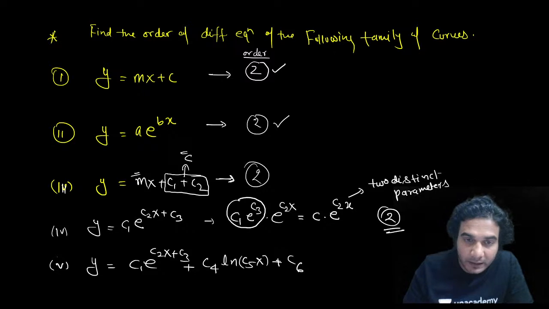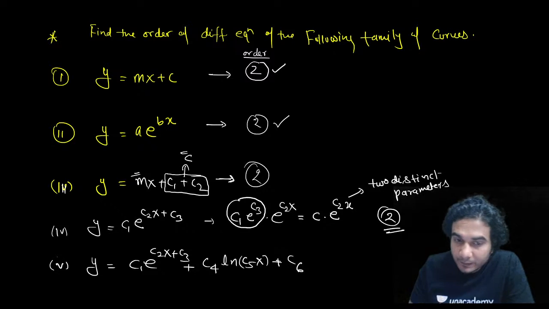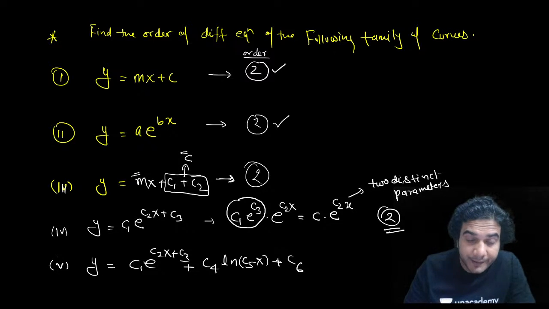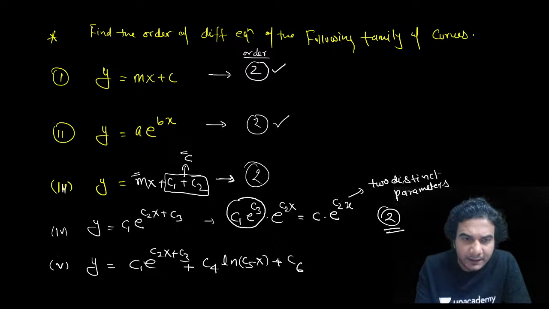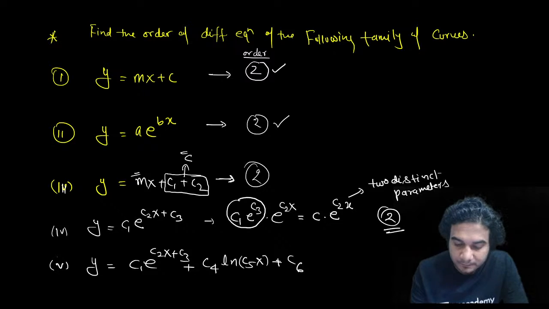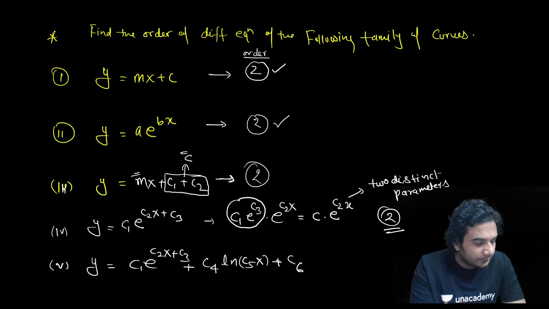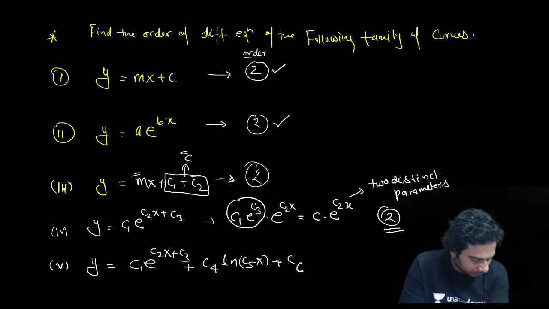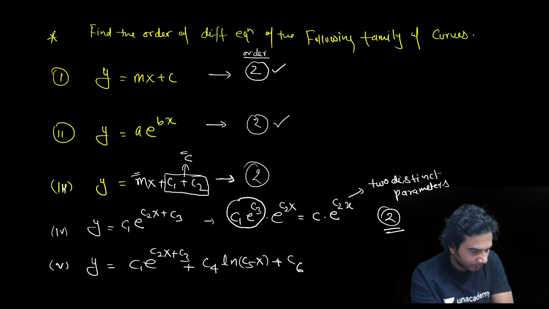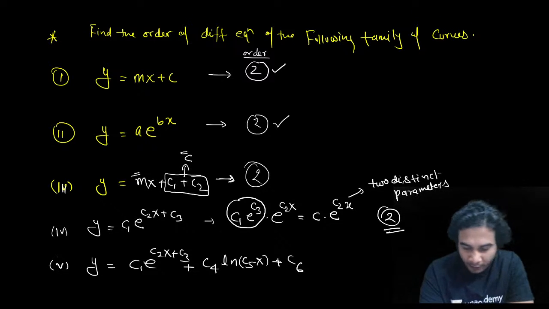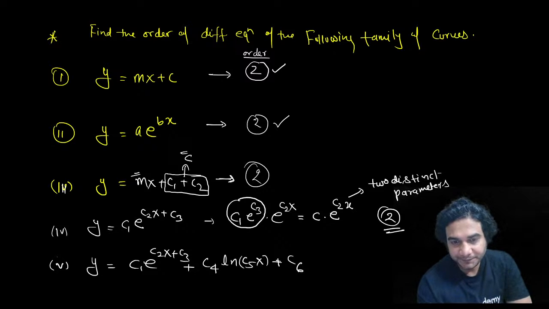Now I think you must be having an idea. Try to find the order of the last one again. Are you understanding this? What am I doing? No, it's not 5. It's less.